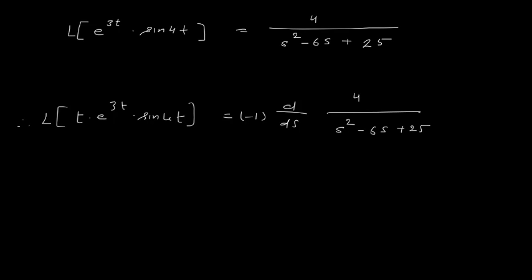So this will be equal to minus 4 into the derivative of this, because u upon v: derivative of u will become 0, minus u times the derivative of v. So this is 2s minus 6 upon s square minus 6s plus 25 the whole square.